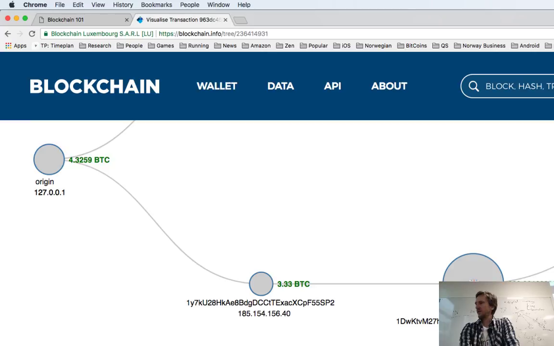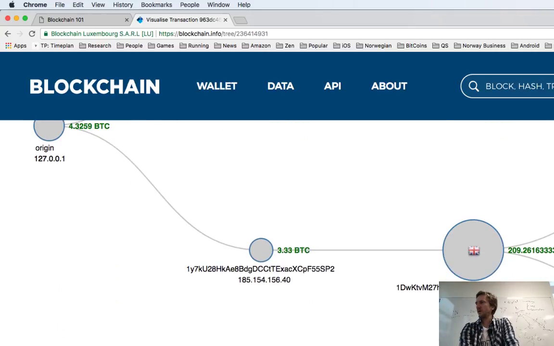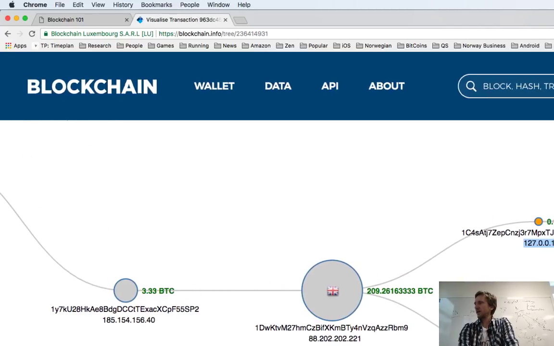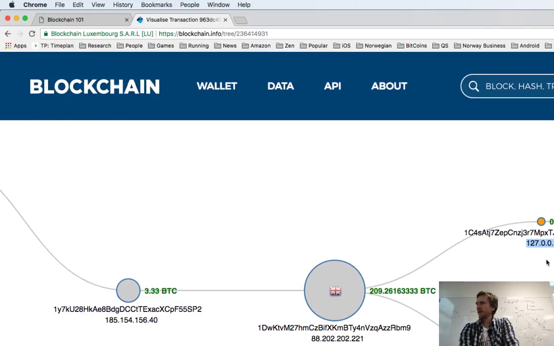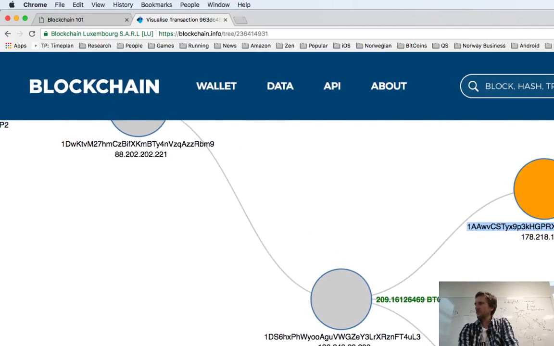And then you see some sort of location of where the transaction was happening from and to, and you can browse again a local host, and you see from this 209 it splits into two small payments, and the bulk gets transferred somewhere, right?